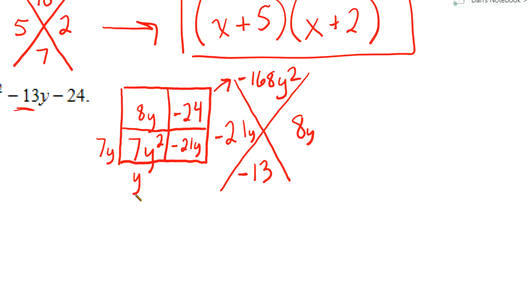Here, that's just going to be a y then, which means this has to be an 8 here. And then 8 times something gives me negative 24. That'd be a negative 3 here. So my final factoring should be 7y plus 8 times y minus 3.